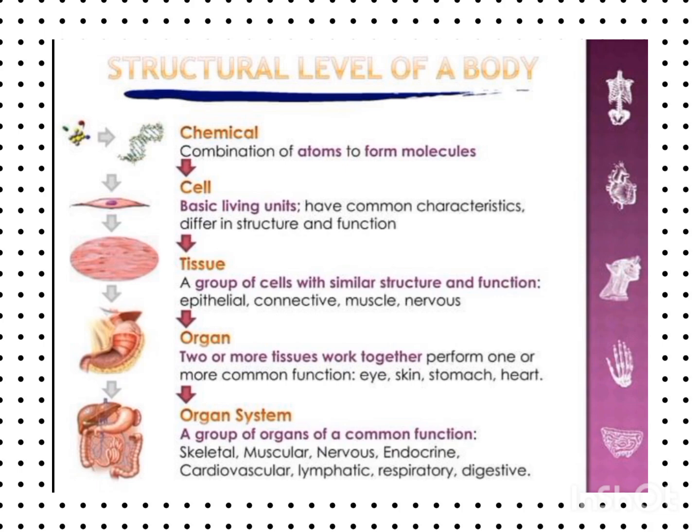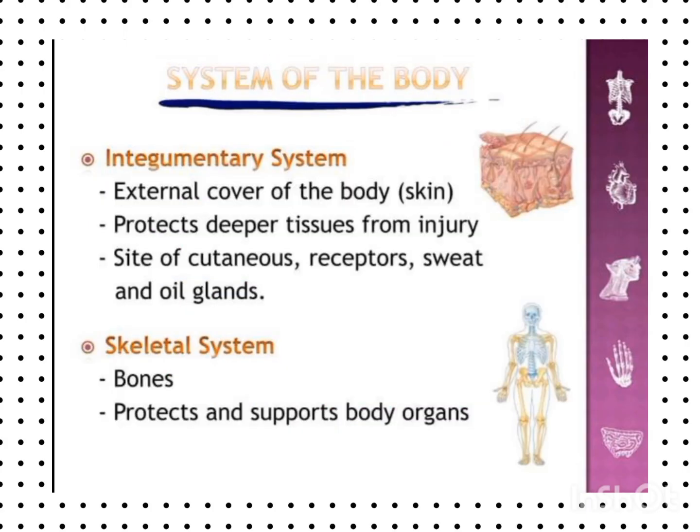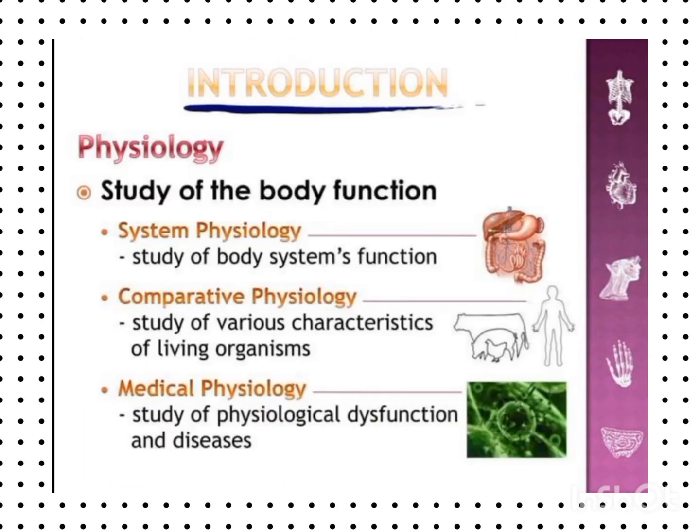Another system is the endocrine system, which secretes hormones to regulate body processes. The cardiovascular system transports blood to the body and consists of the heart and the blood vessels.